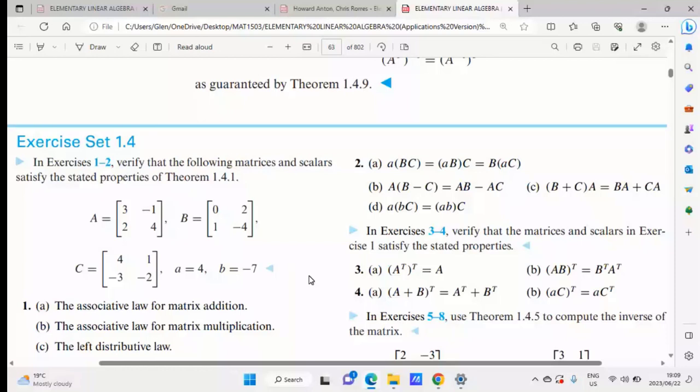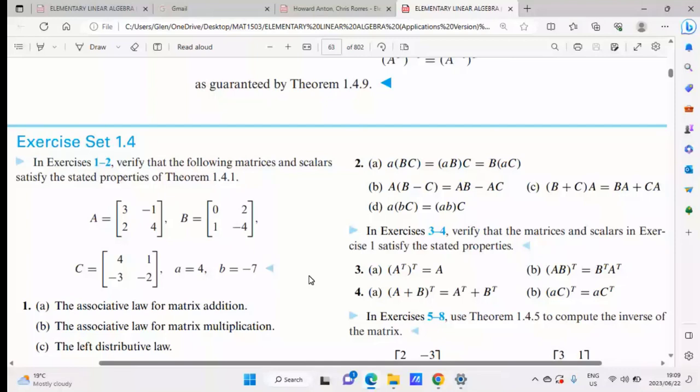And we are multiplying it with A. Now remember the order also matters. So it's B plus C multiplied by A.